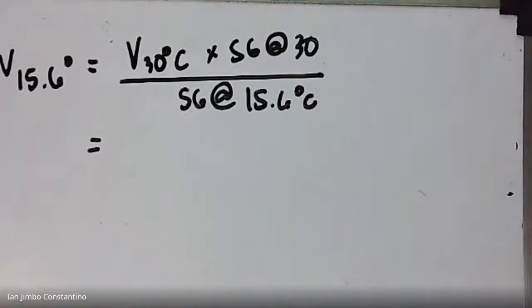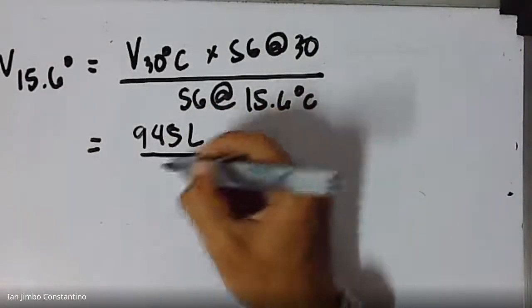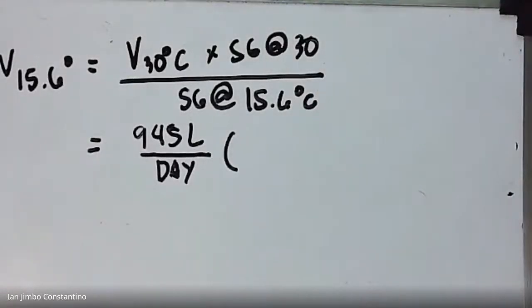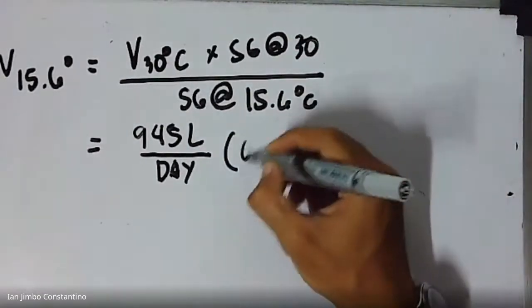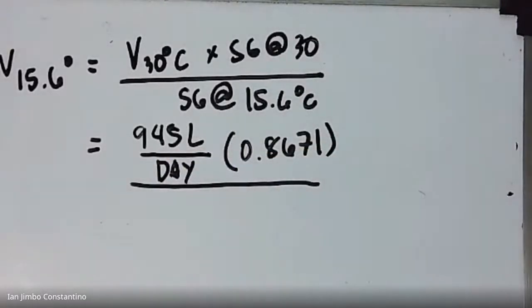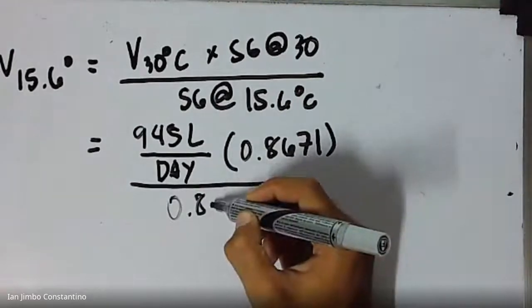And recall, your volume is 945 liters per day. You multiply this with SG at 30. The specific gravity at 30 is 0.8671, divided by 0.87616.